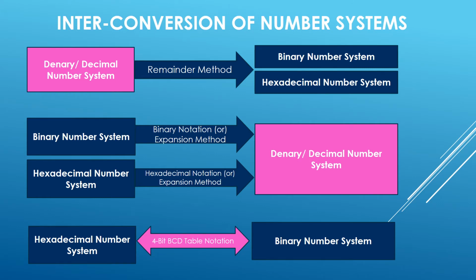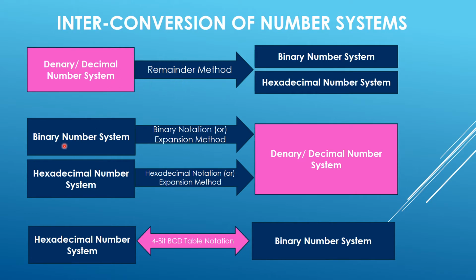This diagrammatic representation is a quick and easy way to recall which method will be used to convert one number system into another. For example, if you are given a decimal number and asked to convert it into an equivalent binary or hexadecimal number, then you will be using the remainder method.